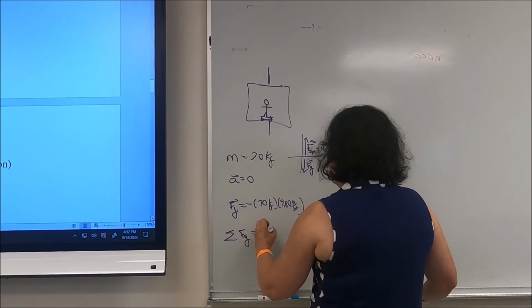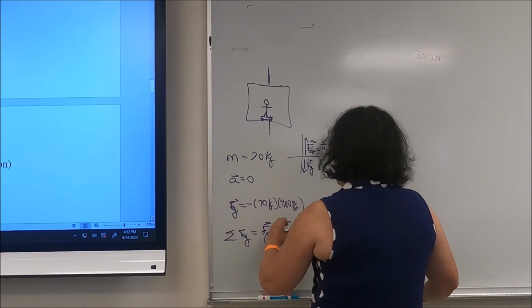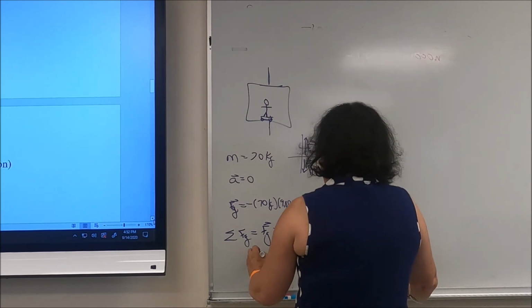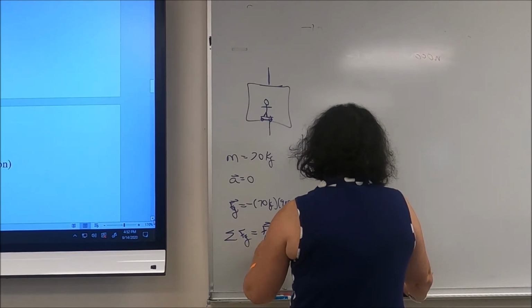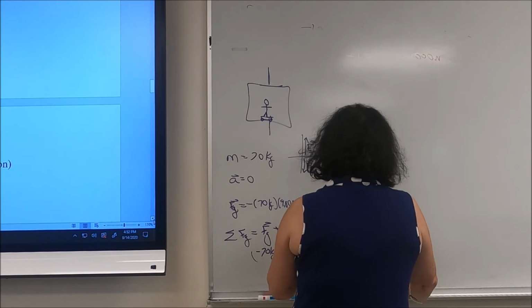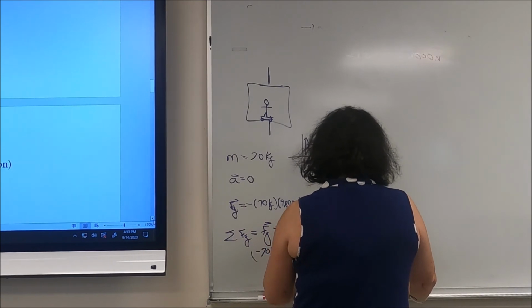If I took the sum of forces in the y direction, force due to gravity plus force of the spring has to equal 0. Then I have minus 70 kilograms times 9.80 meters per second squared, plus force of the spring, equal to 0. So the force of the spring is just 70 kilograms times 9.80 meters per second squared.